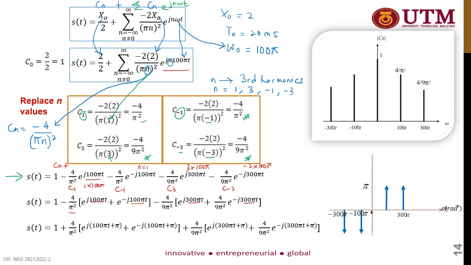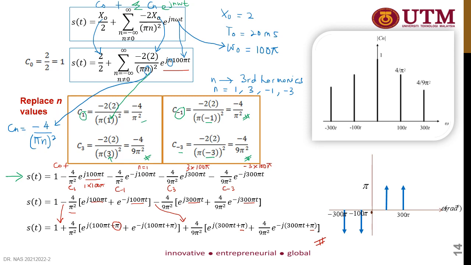Remember, in trigonometric form, when you have a negative, you can convert it into a positive value by having a phase shift of positive pi. So all negatives are converted into positives by having a phase shift of pi inside the bracket. Finally, you can plot the spectrum, both the magnitude and the phase spectrum.